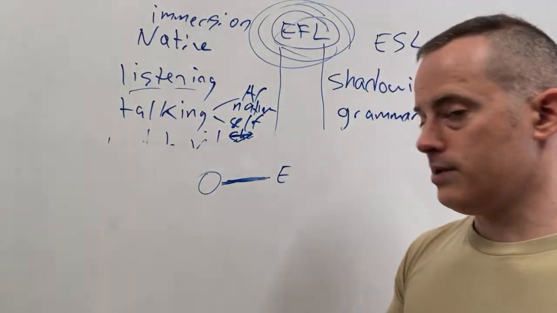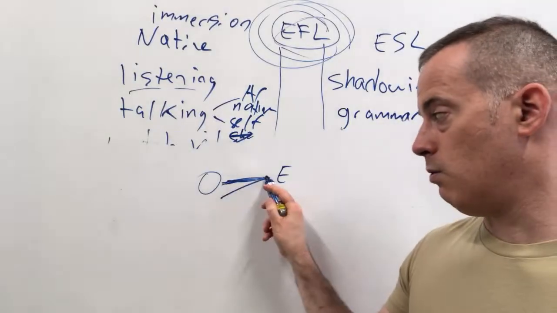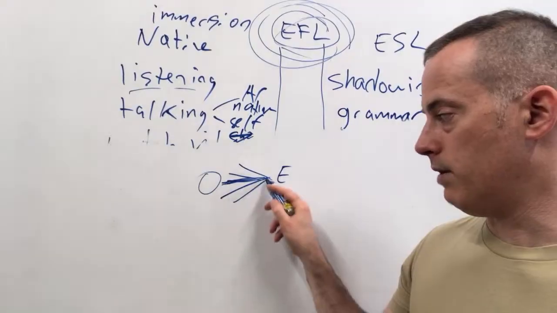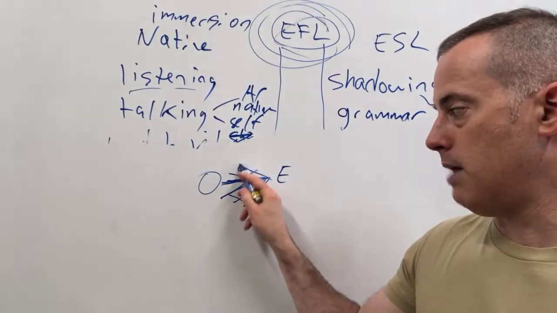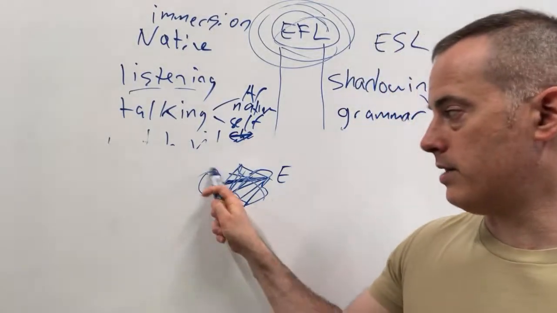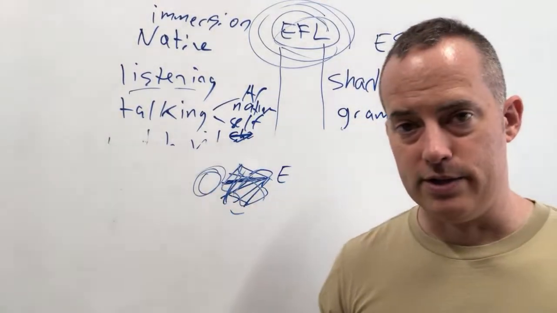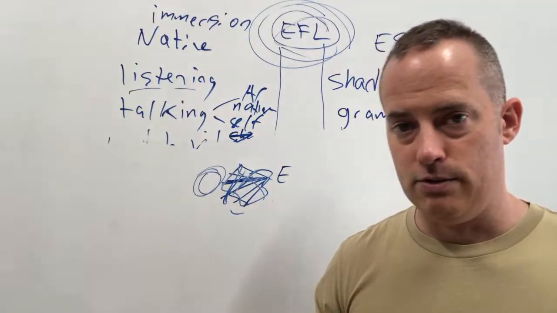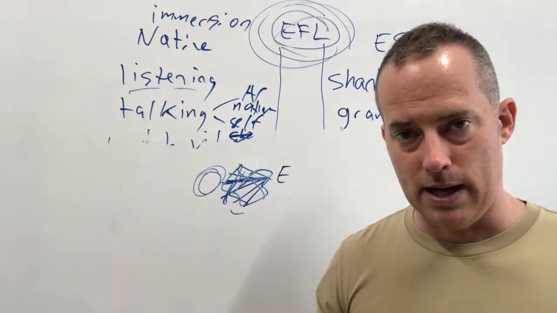But as soon as I can hear it a different way, or from a different person, or in a different context, now I'm making a whole network of connections, connecting me to the English I'm learning. And all those connections are what enable me to really feel confident and certain about what I'm learning.